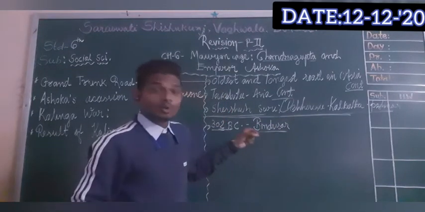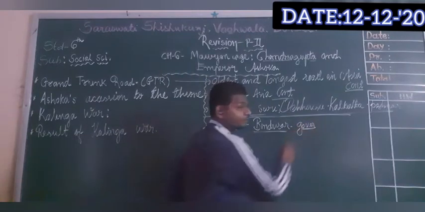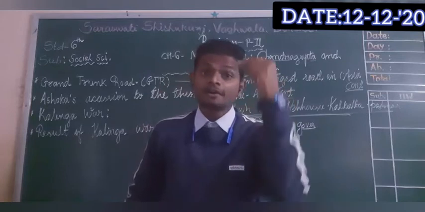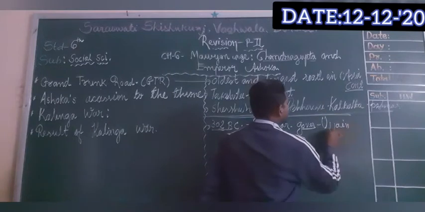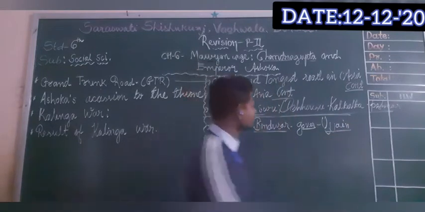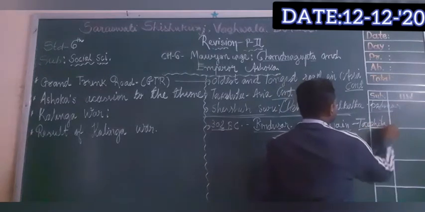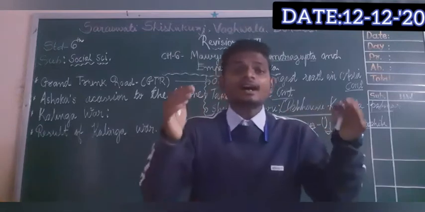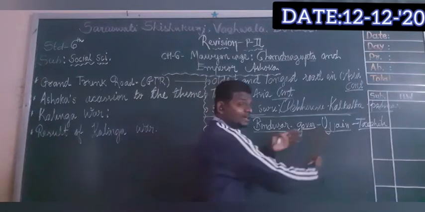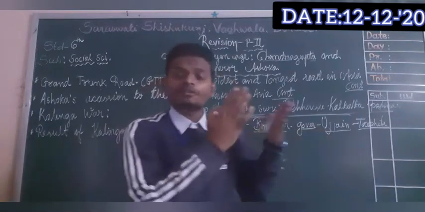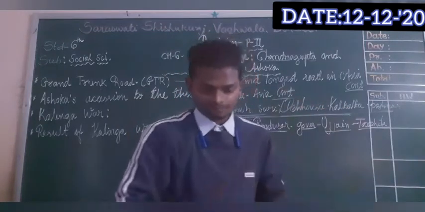Ashoka was the governor of two main provinces: first Ujjain, and second Takshashila. So he had great experience of how to administer different states and provinces, how to run and manage them.